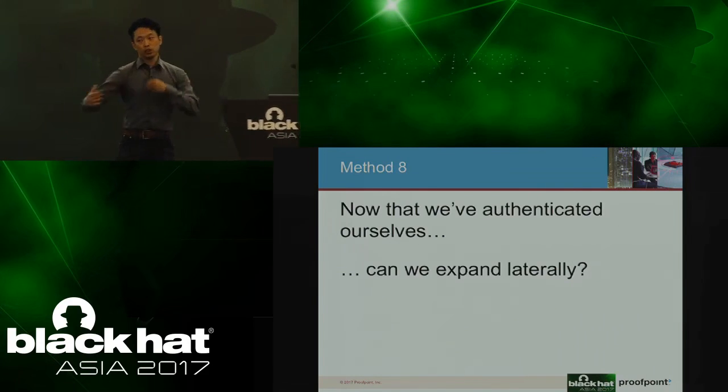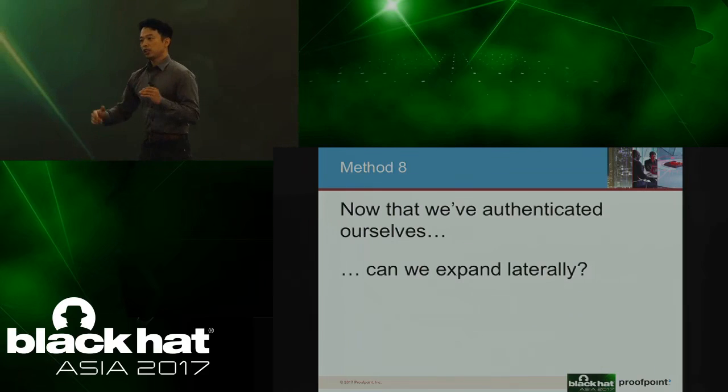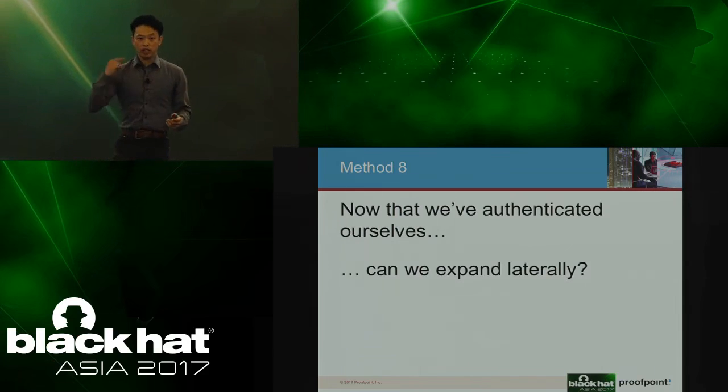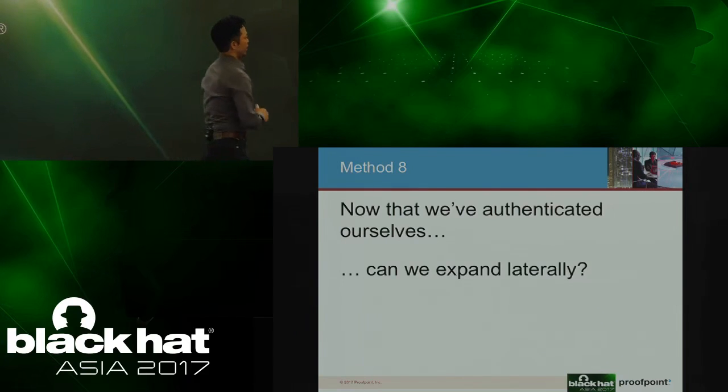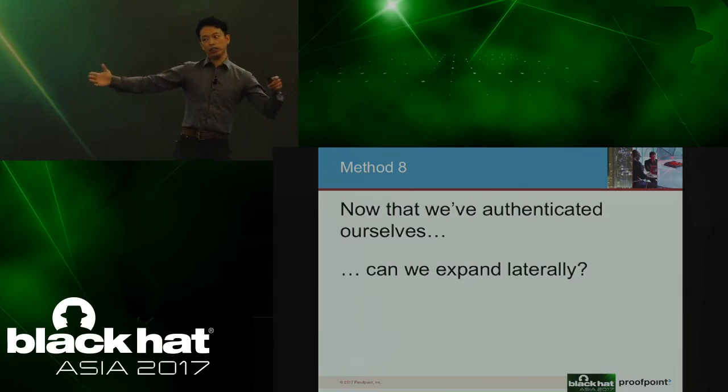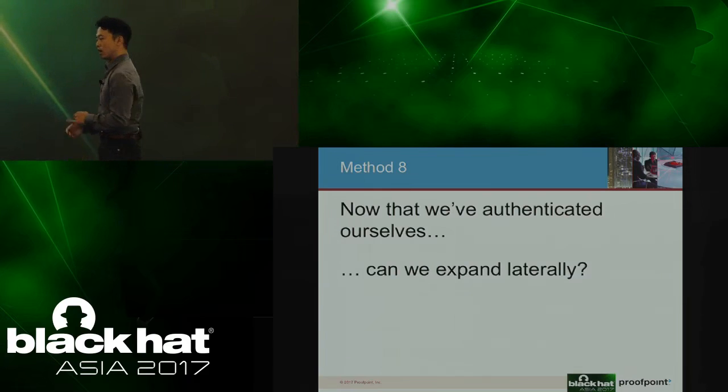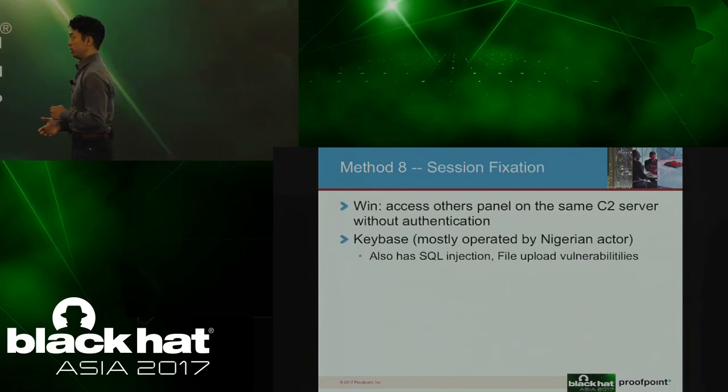Okay, so let's assume that through some techniques, we have authenticated ourselves into a command and control panel. So we've identified the C2 URL, and we've authenticated ourselves. Can we expand laterally? Is there a need to expand laterally?